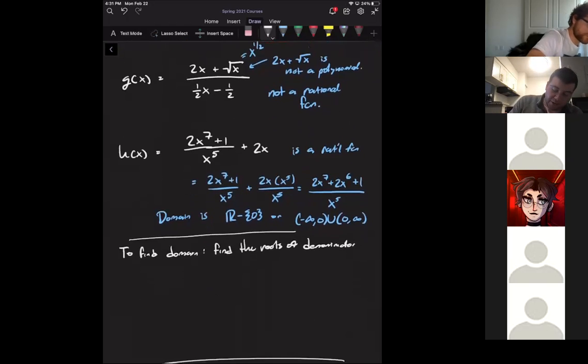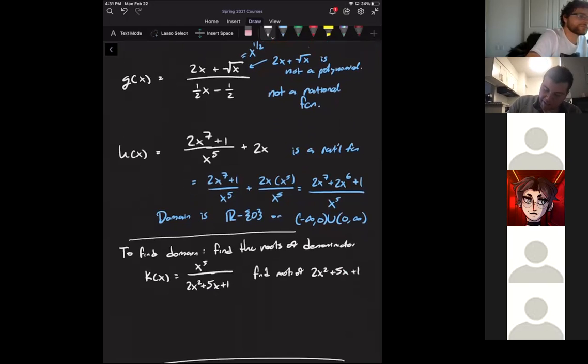We'd also be able to handle it if we had something that looked like k of x equals this. Then we just look for the roots of 2x squared plus 5x plus 1. So this is still doable. And yeah, so any polynomial we have, we just need to find the roots of it.